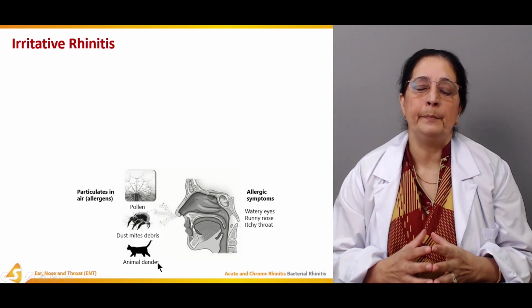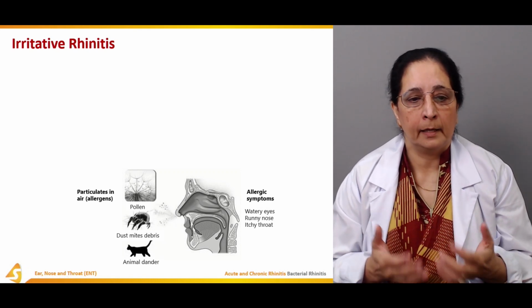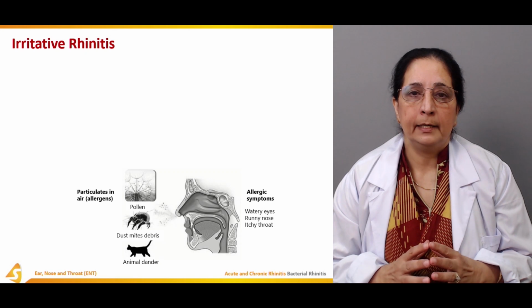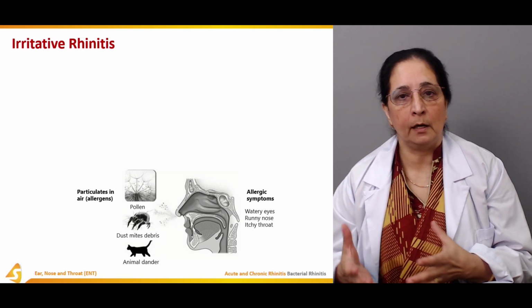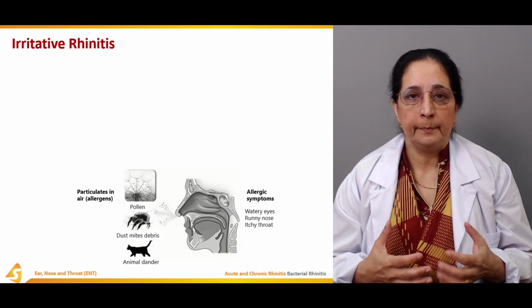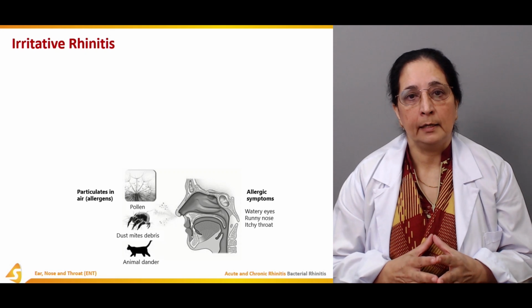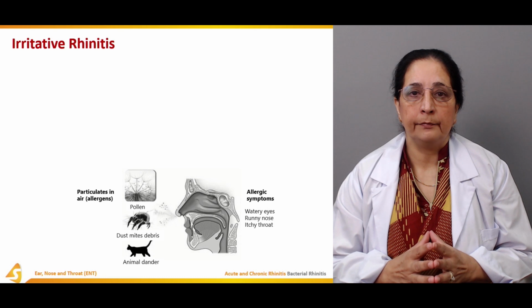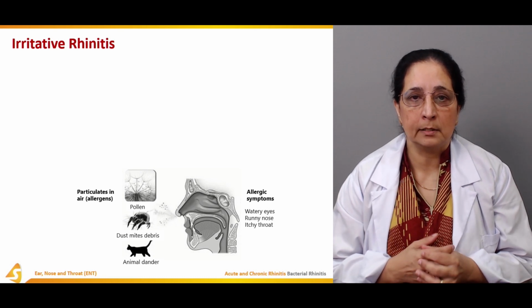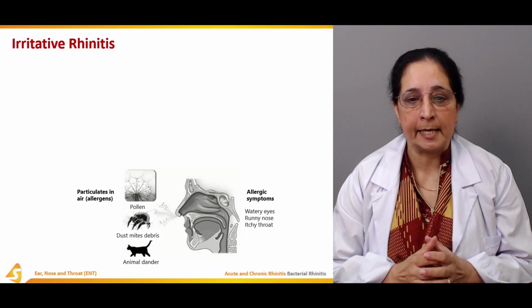Different people are allergic to different allergens. A lot of people have seasonal allergies. Some people are allergic to animals like cats and dogs, and some are allergic to pollens. So all these are different factors that can cause allergic reaction and cause irritative rhinitis.